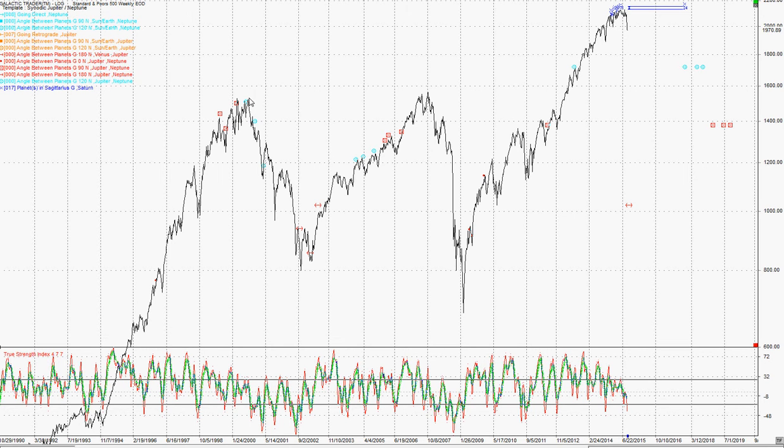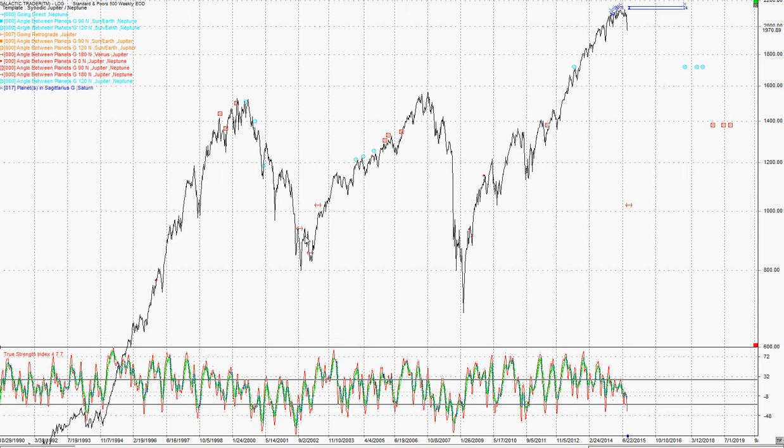The blue circles, light blue circles, there's also three of them, and they're the trine, the waxing trine. I should have mentioned the square. That's the waxing square. And so now we hit the waxing trine.